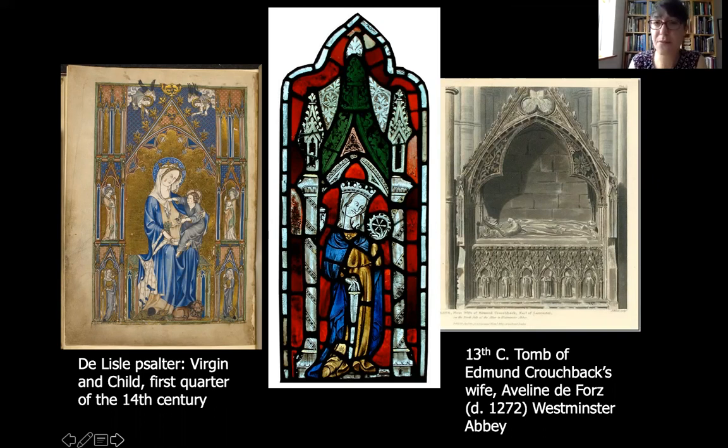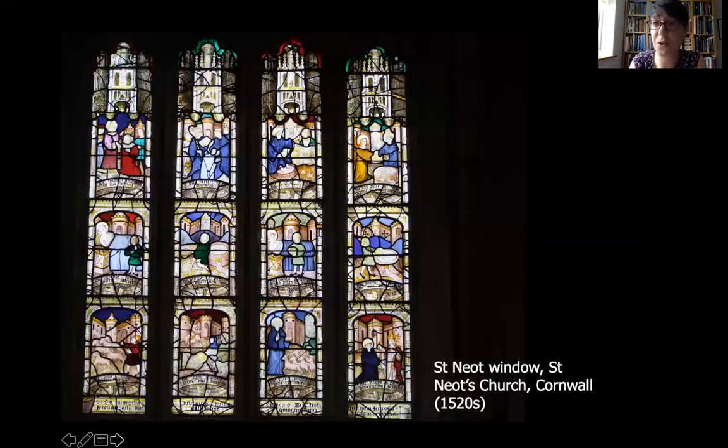The choice of saints within stained glass windows often also had a local significance. We're back to St Neot's Church here in Cornwall, which is a fantastic place if you're on holiday down there. Do pop in. This window shows the life of St Neot, and it references a number of stories associated with this saint, who was a monk and a hermit.